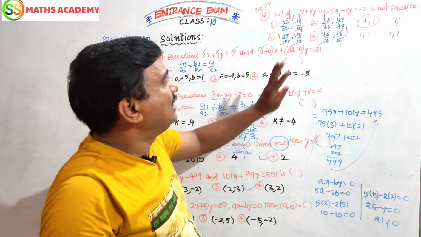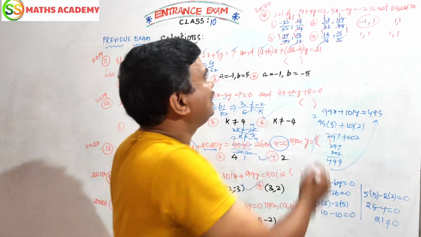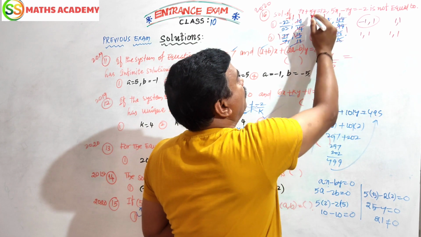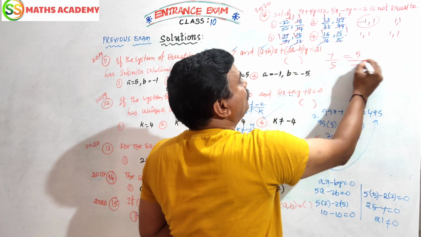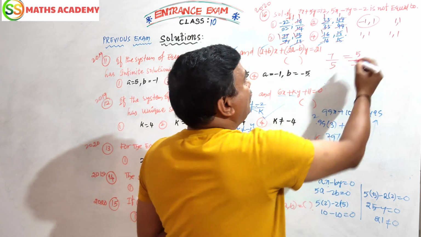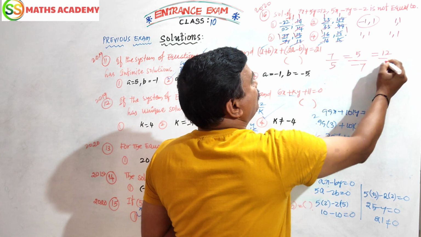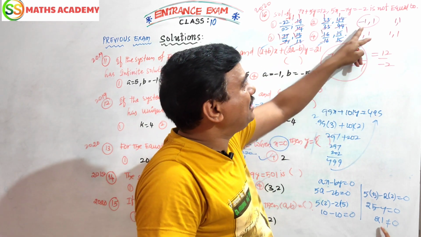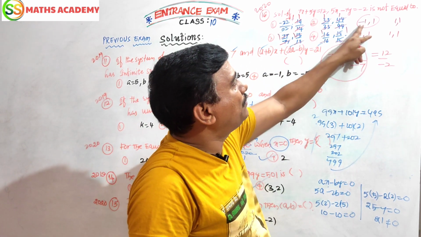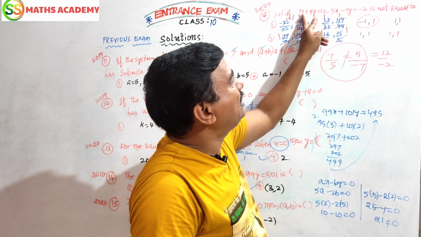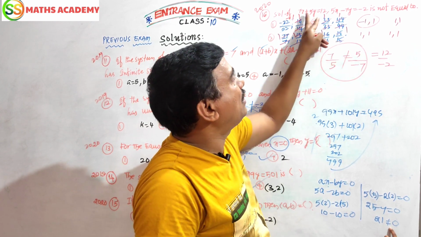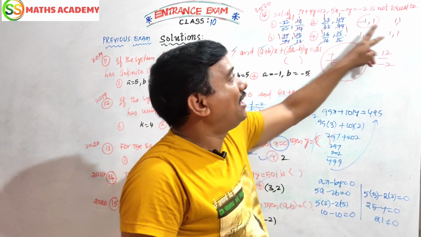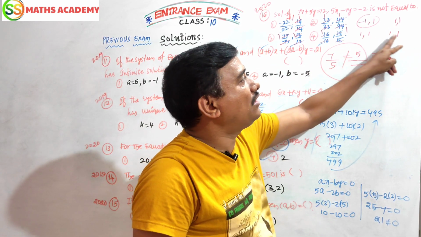You can see that not equal to means a1 by a2, b1 by b2 and c1 by c2. So first two only are not equal. Here, friends, in this option you substitute: x value minus 1 gives minus 7, y value 1 gives 5, minus 7 plus 5 is 2, but 12 is not obtained. All the others get 12.